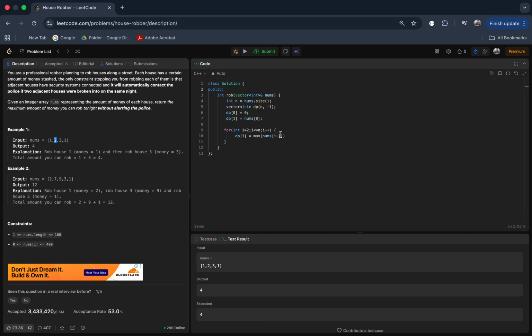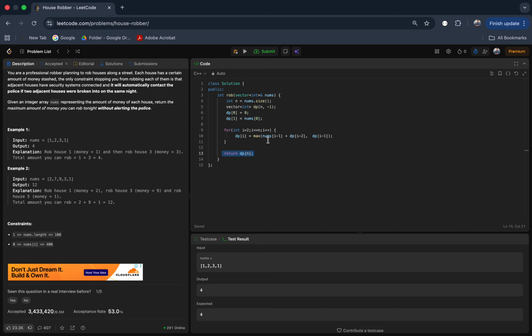So here we are adding 2, and then we cannot take the previous one, so I need to do dp of i minus 2. And if I am not taking this 2, then I can take the 1, so I am only doing i minus 1. Then I can return dp of n, because at dp of n we will get our maximum amount which we can rob from the houses in a night.